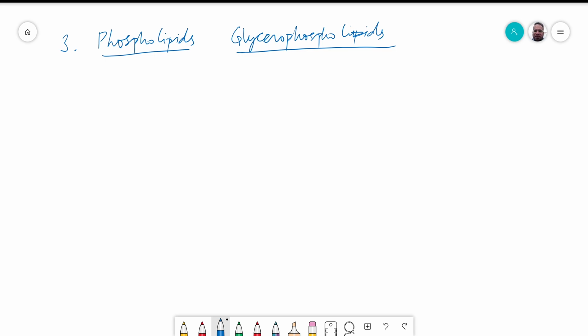Now these look very similar to triacylglycerol, but they're based on diacylglycerol. So here's an example.